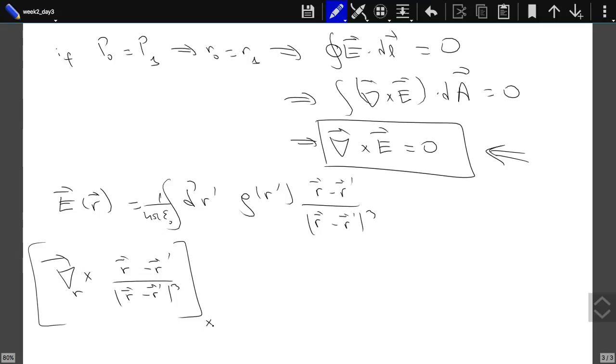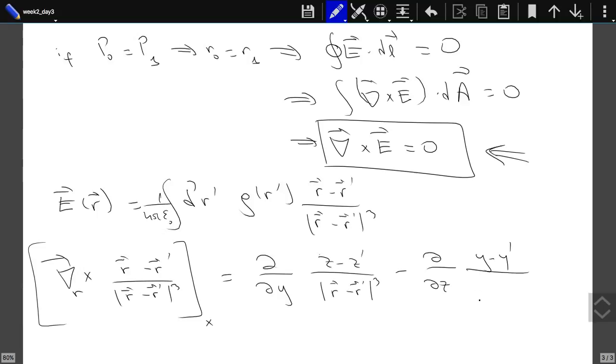Let us just check the x component. Well, the x component will be the derivative with respect to y of the z component of that vector field, which is z minus z prime divided by the magnitude of r minus r prime cubed, minus the derivative with respect to z of y minus y prime divided by, again, the magnitude of r minus r prime cubed.